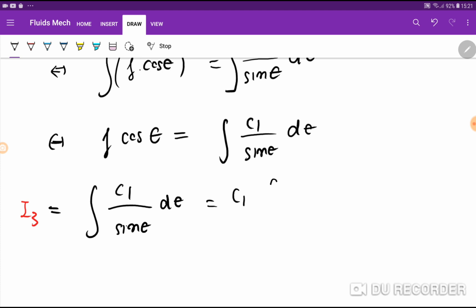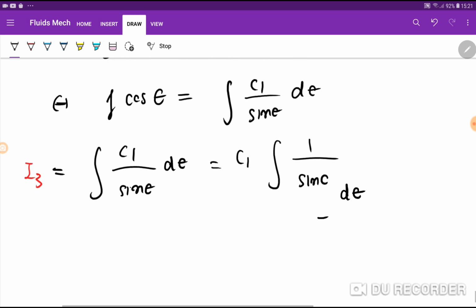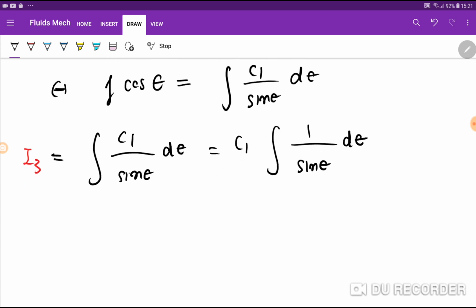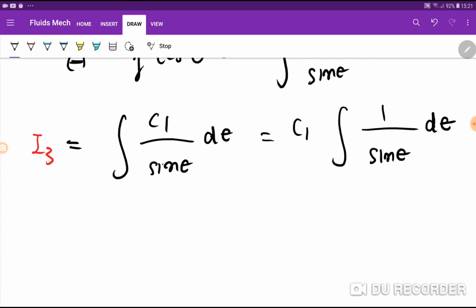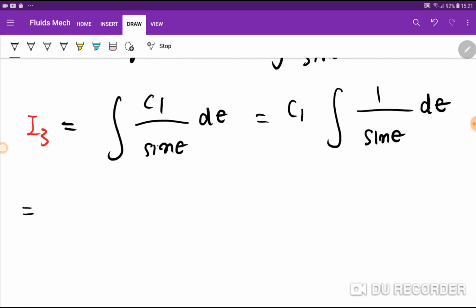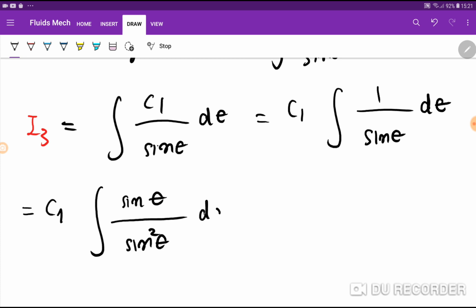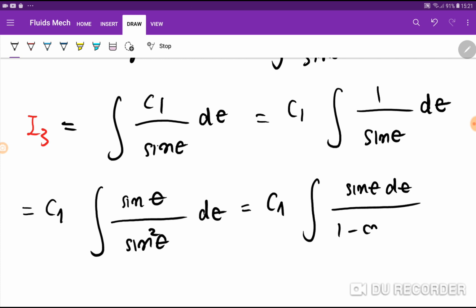You put C1 outside, and multiply by sine theta in the numerator and denominator, giving sine theta d theta over sine theta squared, which is sine theta d theta over 1 minus cos theta squared.